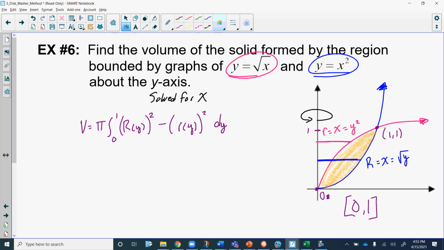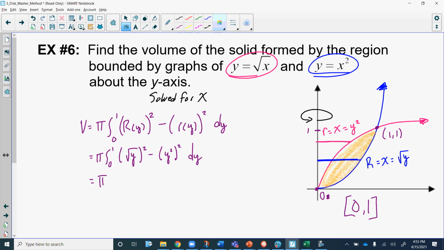This integral is going to be in terms of dy because we're rotating around the y-axis. So the outer radius was the square root of y, so I'm going to substitute that here. I'm going to get the square root of y, squared. The inner radius is y squared, so I'm going to say minus y squared, quantity squared, dy.